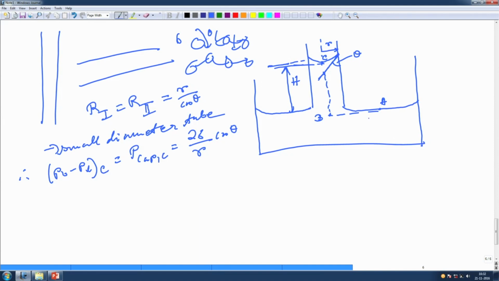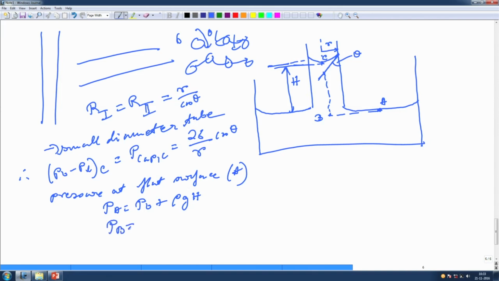The pressure at the flat portion of the meniscus, at flat surface A, is given by P A equal to P V plus rho G H. The height of the liquid column is the vapor pressure plus that particular pressure.